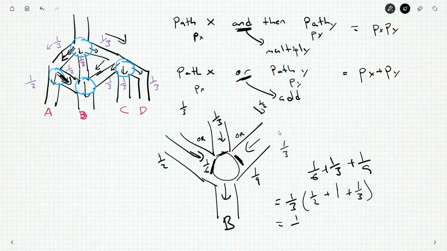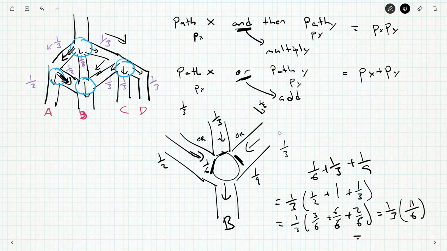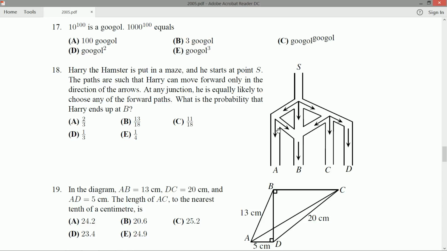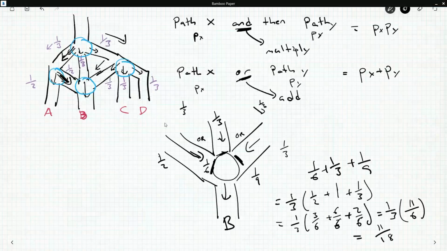So we'll put those all over 6. So we'll get 3/6 plus 6/6 plus 2/6. So 1/3 times 11 over 6, and that's going to be 11 over 18, which I don't think was one of the answers, but it's got to be because the math is correct. Oh no, there it is, 11/18. C, 11/18.